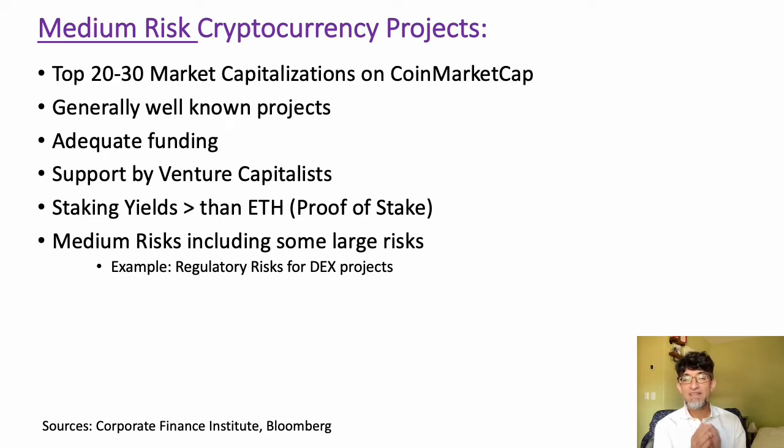And one way, if you're not sure if it's a medium risk, besides checking if they're top 20 or 30 market cap on CoinMarketCap, you can look at their yields. If their staking yield is like 15-20%, you know that's a high risk, and maybe it's not really a medium risk project.